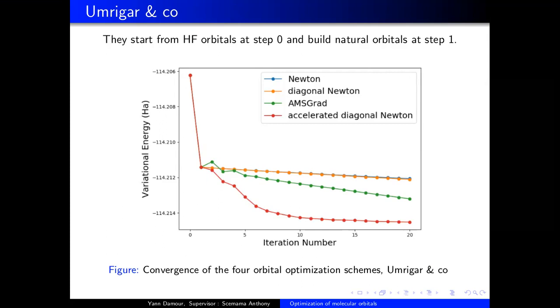We also have a linear convergence with the AMSGrad method, but it's a better convergence. And we have better results with the accelerated diagonal Newton, which is a non-linear convergence, which is better for us.